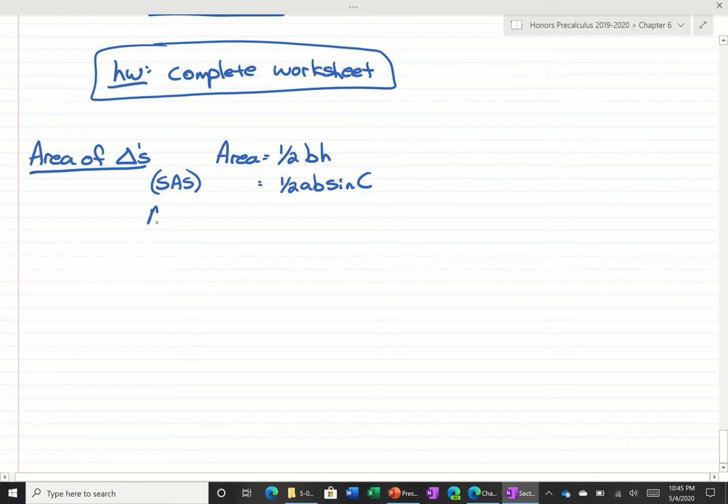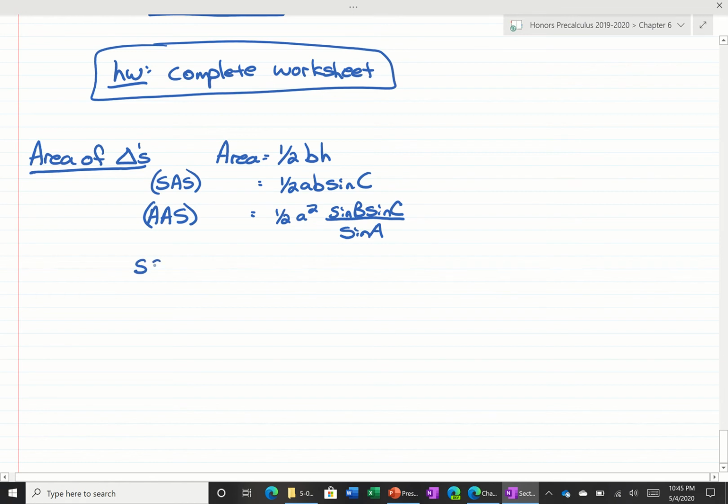If you're given angle side angle, the shortcut way to do this is 1/2 A squared times sine B times sine C over sine A, and of course we're going to adjust for the letters, but I'm just writing one formula here.